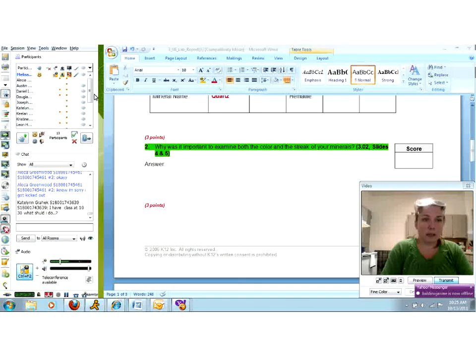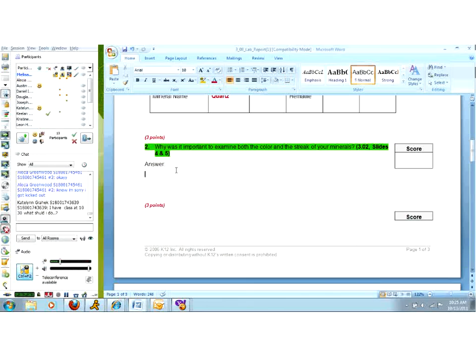All right, we're going to look at number 2. Can you guys see number 2 on the lab report? On my screen, if so, give me a smiley face. If your screens are catching up. Okay. All right, so why is it important to examine both color and streak? Is color reliable? We saw some people for, I forget which one it was, was it hematite? We all had different colors.